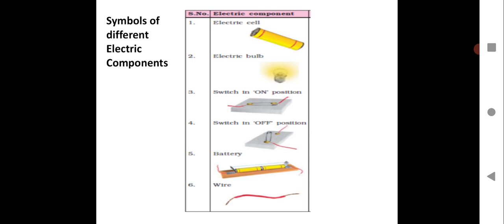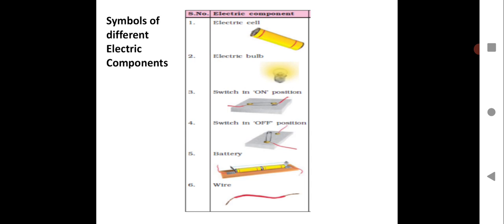So here you have symbols of different electric components, and as you all know, the regular practice of taking down notes in your notebook, as mentioned in the virtual sessions. So you just have a look at this.